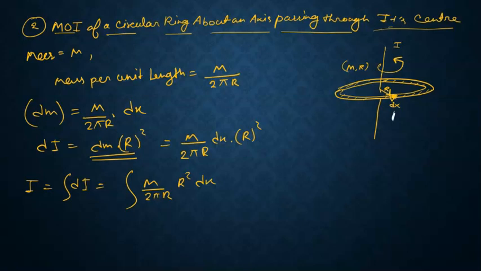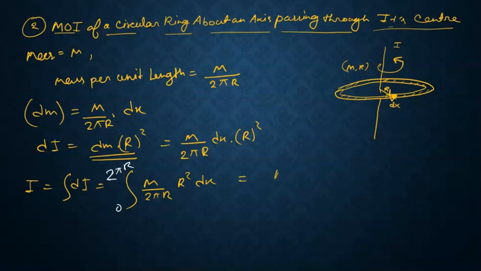Let's start from this point. We will go around and then come here. So how much length are we covering? That is 2 pi r, the perimeter of the ring. So the limit will be 0 to 2 pi r.